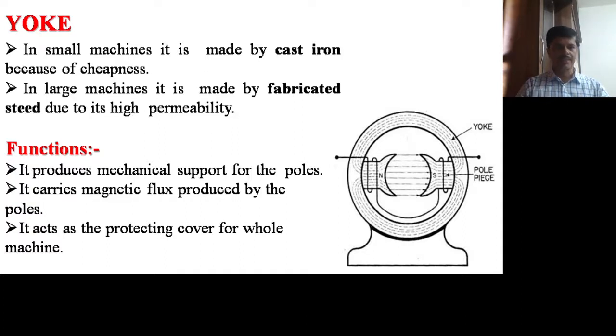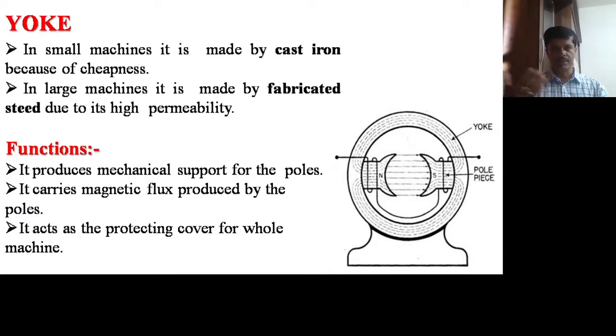Similarly, for larger rating machines, cast steel or fabricated steel will be used, which has a magnetic flux density of 1.5 Weber per meter square.